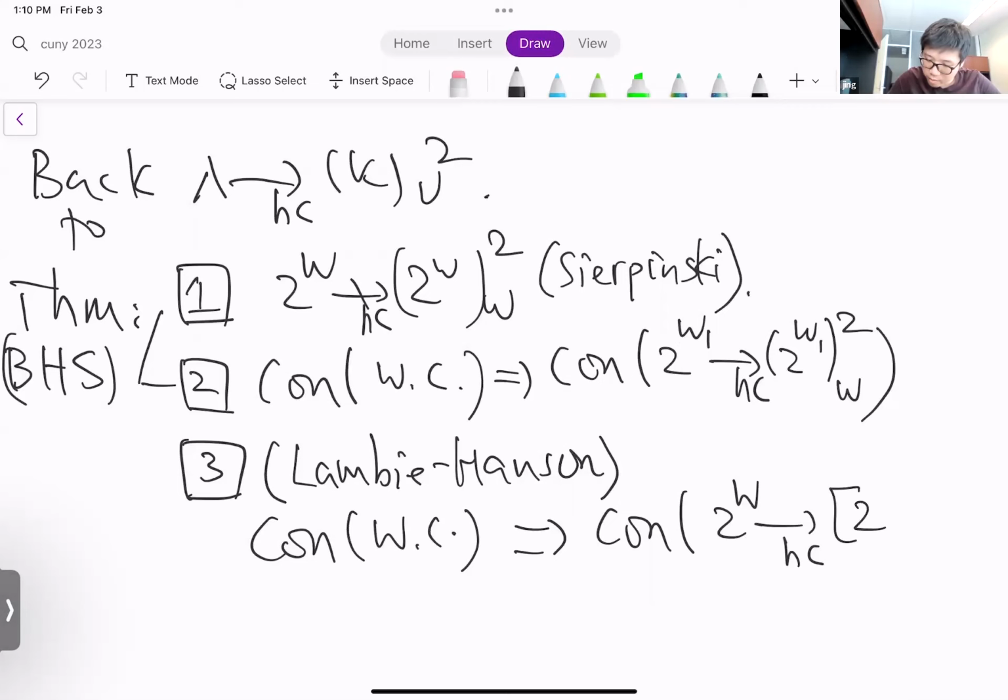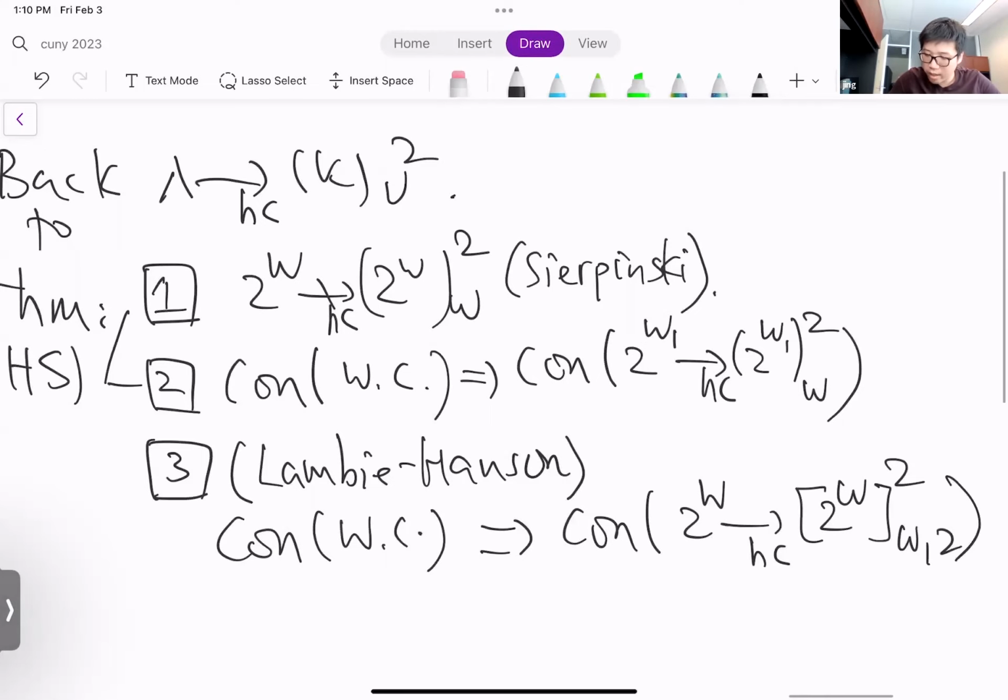Let me explain what this means. You can't get it to be monochromatic, but you can kind of reduce it to 2 colors. So start with an omega coloring of the edges of 2 to the omega. And what I'm claiming is that I can't really find a highly connected subgraph such that it is monochromatic.